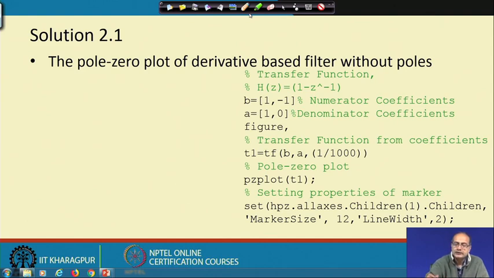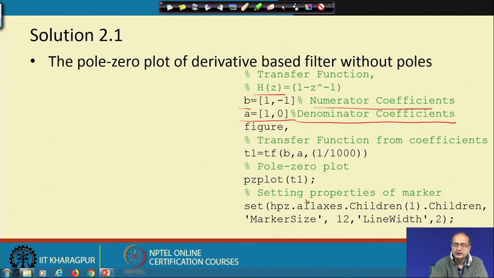The numerator coefficients are represented by b, and for this H(z) we have the two coefficients 1, minus 1, and for the denominator polynomial we do not have any polynomial. So, we can say it is 1, 0.